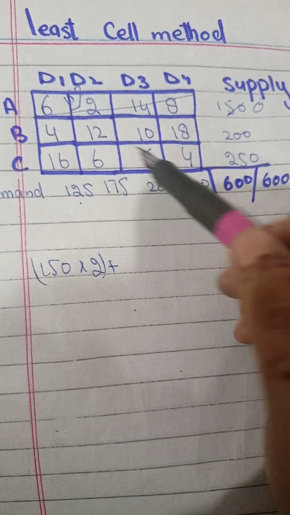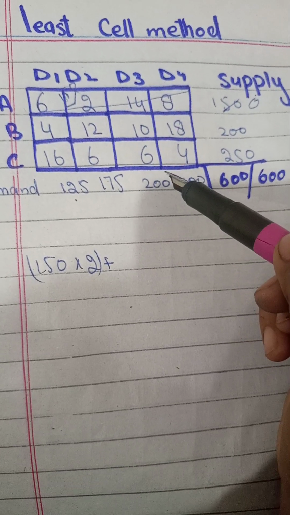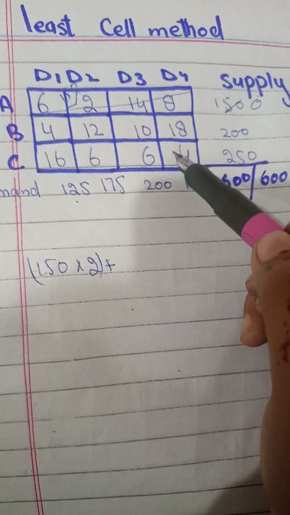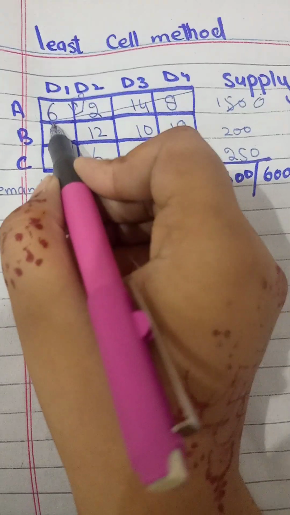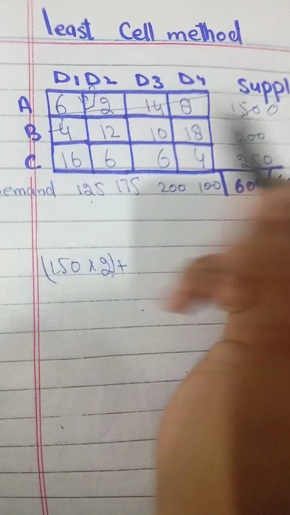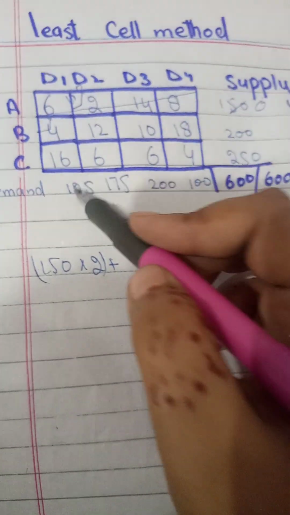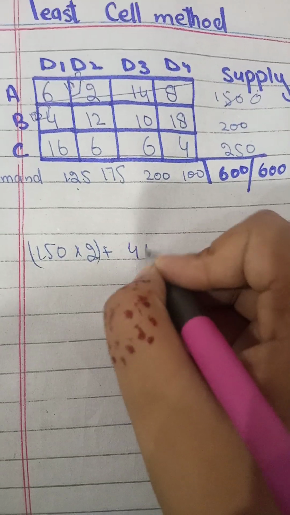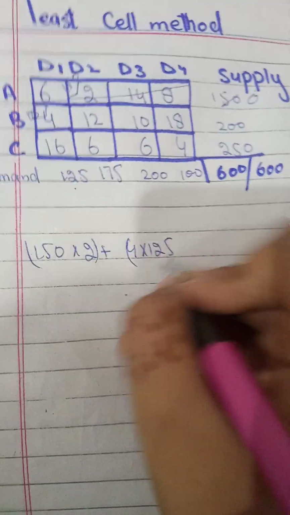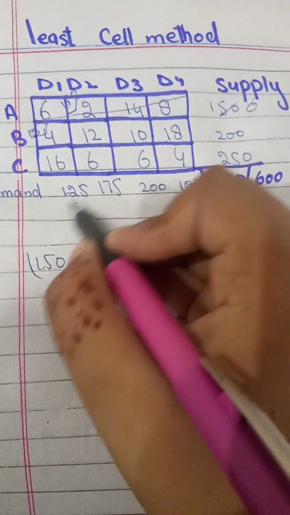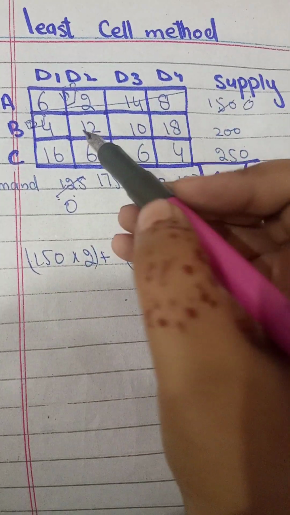Now we will find the next number which is least in the whole example. The respective number is 4. We will choose the minimum value with respect to supply and demand. We will choose 125 here. 125 will become 0.